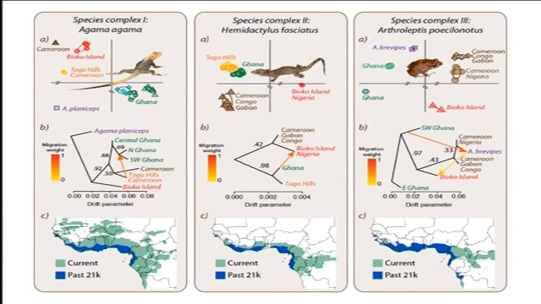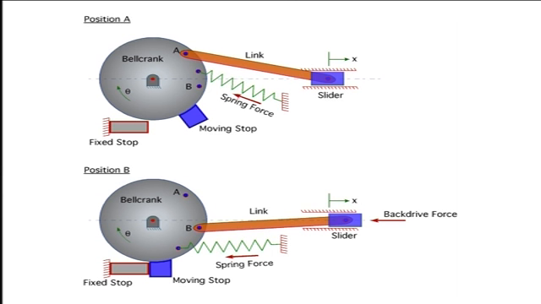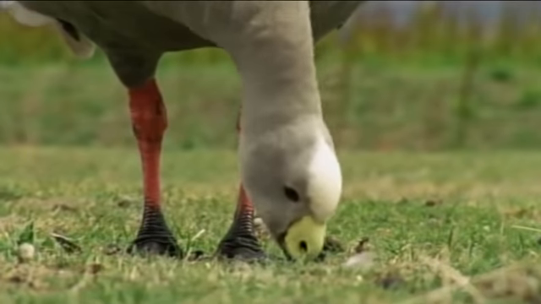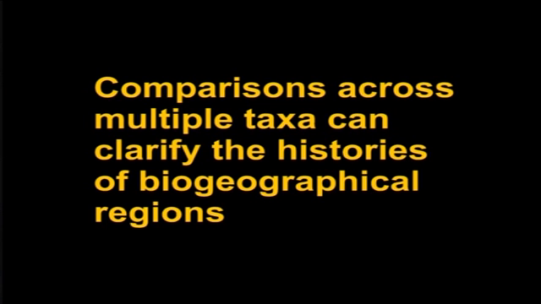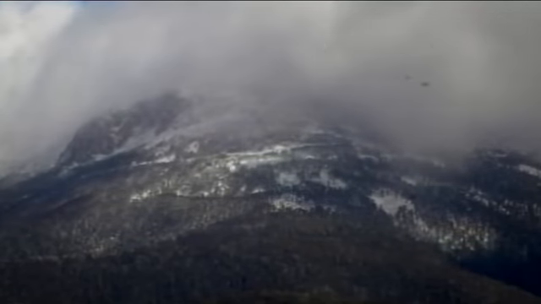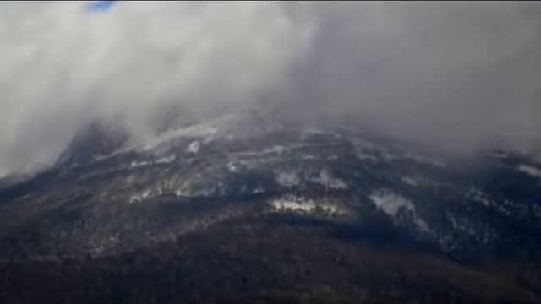The field of comparative phylogeography seeks to explain the mechanism responsible for the phylogenetic relationships and distribution of different species. For example, comparisons across multiple taxa can clarify the histories of biogeographical regions. Phylogeography also gives an important historical perspective on community composition.